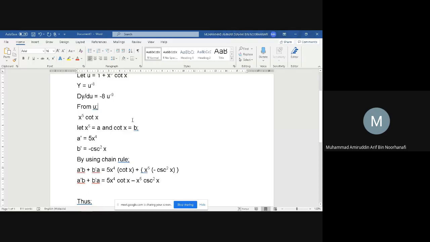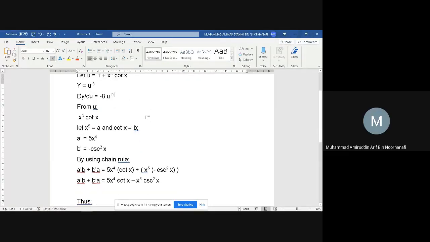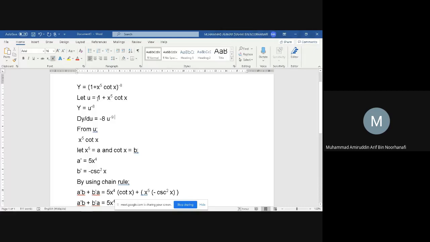From u, we all know that u equals 1 plus x to the power of 5 cotangent x. Now, we can simply find the derivative of 1, which equals 0. But we cannot simply find the derivative of x to the power of 5 cotangent x.